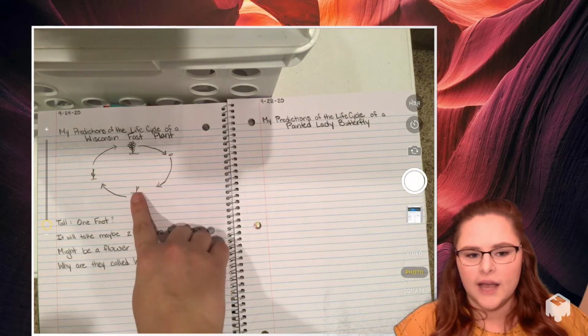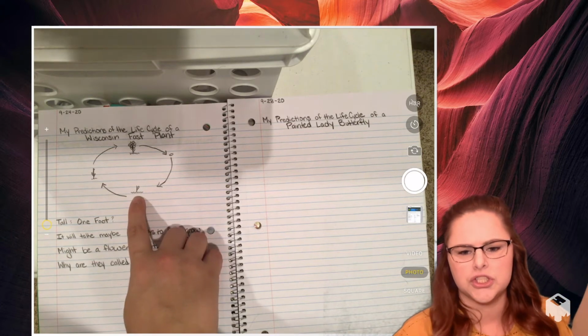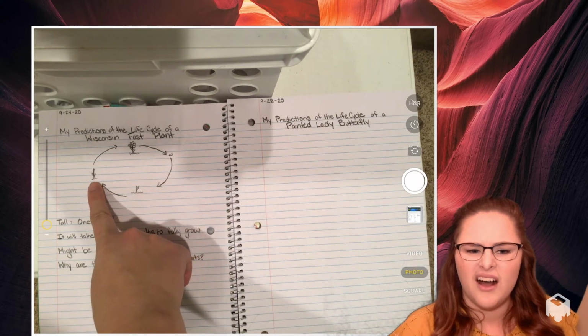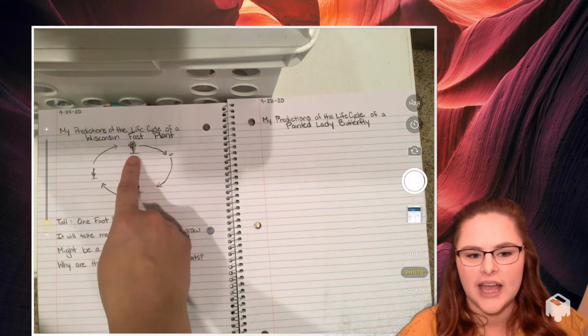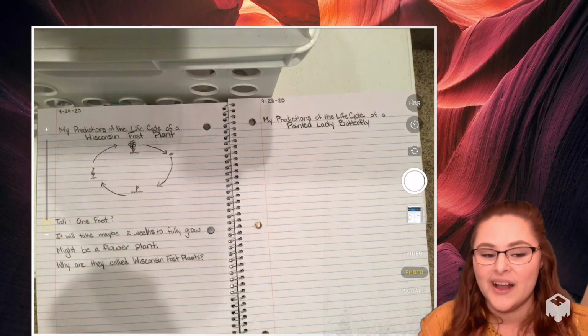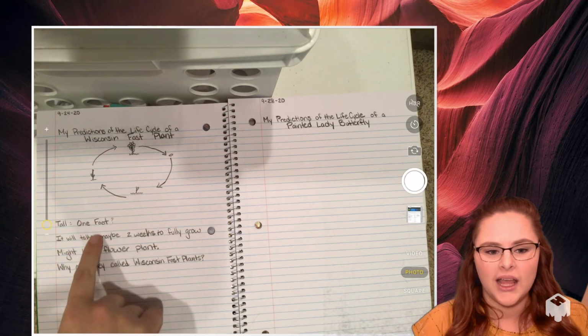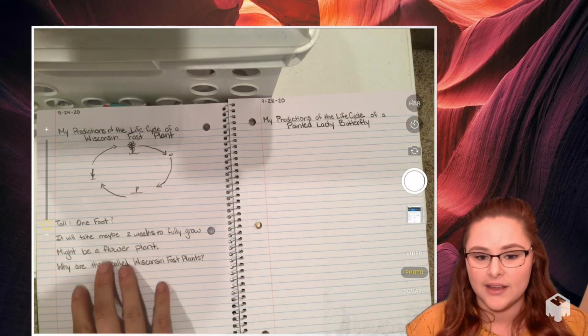Then I have this little sprout thing that might have a leaf or two. Then I have what I might call a bud of a flower, and then I finally have a flower itself. So I have a couple of my predictions here. Your page should look a little bit like mine.